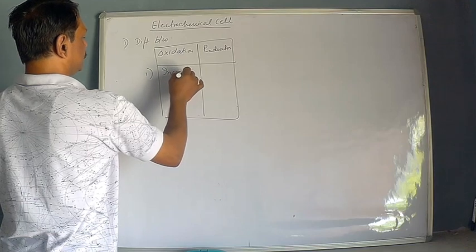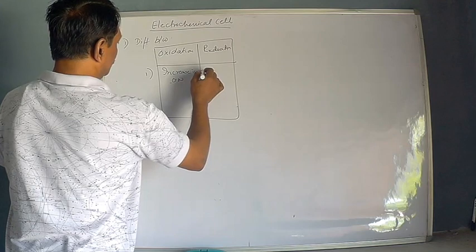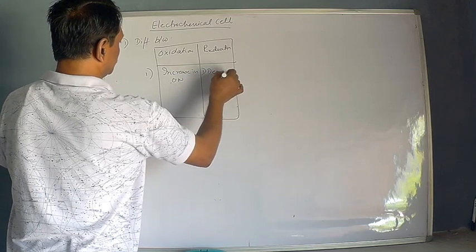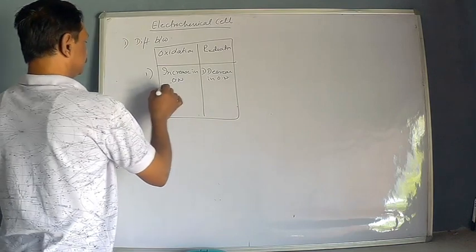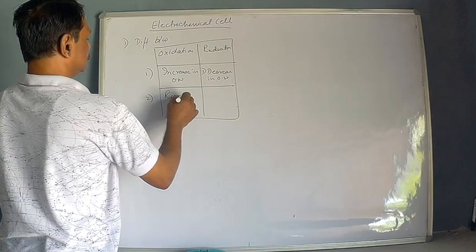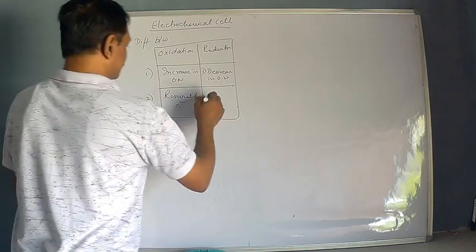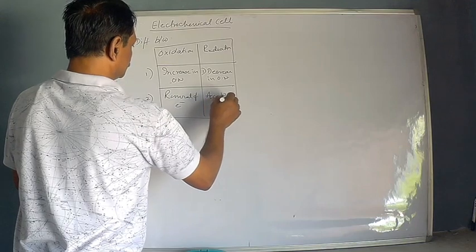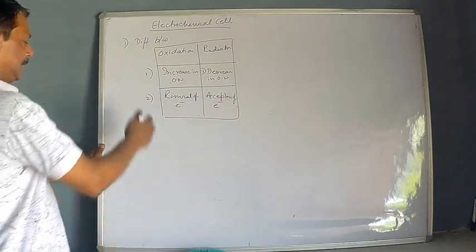Increase in oxidation number is oxidation, and similarly decrease in oxidation number is reduction. And number 2, removal of electron. Removal of electron is your oxidation, and acceptance of electron is your reduction. We can take one example here.